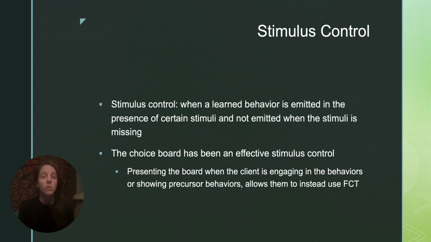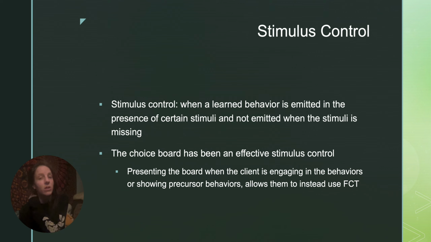Even in instances where they're too overwhelmed to vocalize, even just pointing takes less effort for them but is just as effective for us in knowing what they need and coming to a good conclusion together. So the choice board has been great.